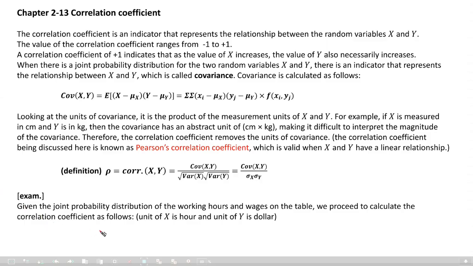Given the joint probability distribution of the working hours and wages on the table coming up next page, we proceed to calculate the correlation coefficient as follows. X has unit hour, Y is wage, unit dollar. Let's see the table.